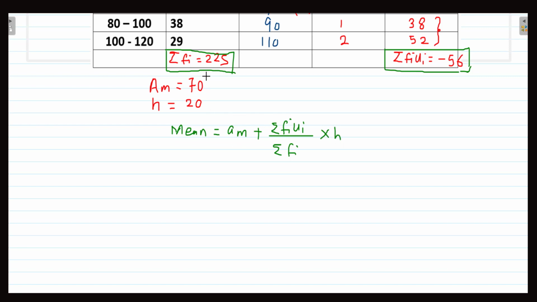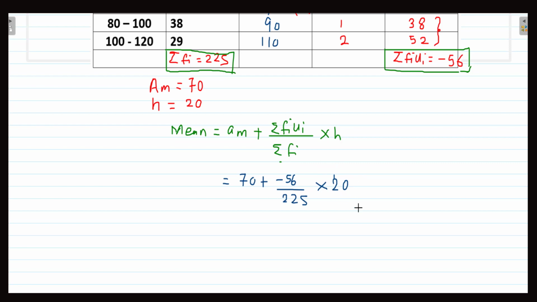Now you have the assumed mean, you have summation of fi ui, you have summation of fi, and you know the height also. Just put the values and solve this further. So mean is equal to the assumed mean 70 plus summation of fi ui, which is minus 56, upon summation of fi, which is 225, multiplied by h. H is what? It is 20.